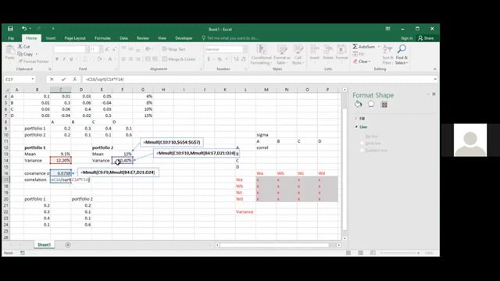That is the variance of the second asset or second portfolio. Then 0.467801.